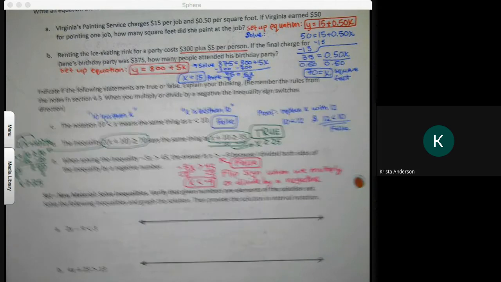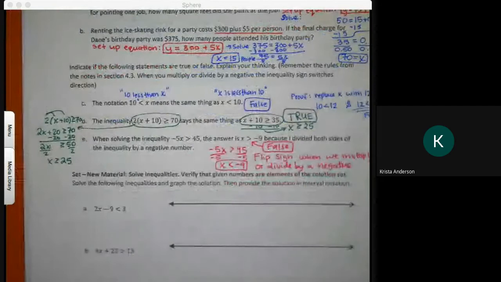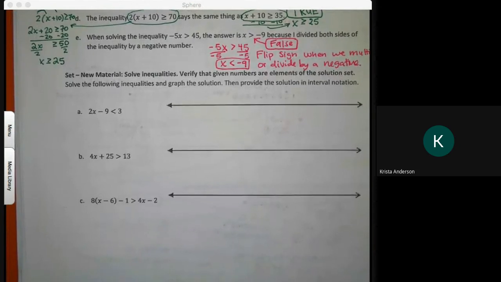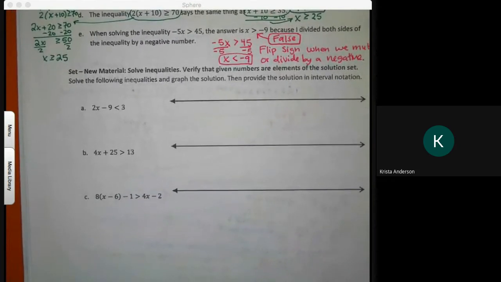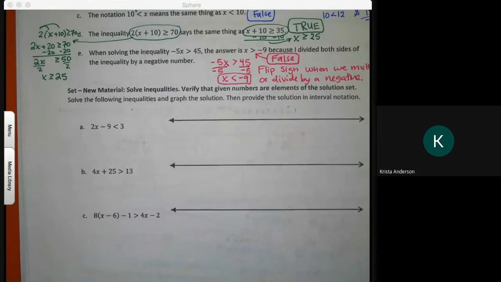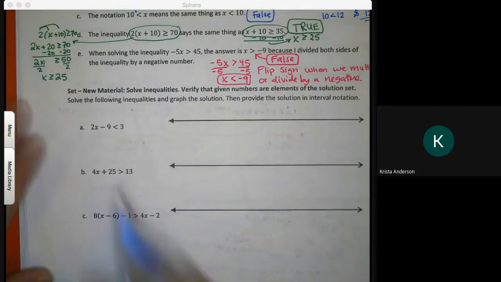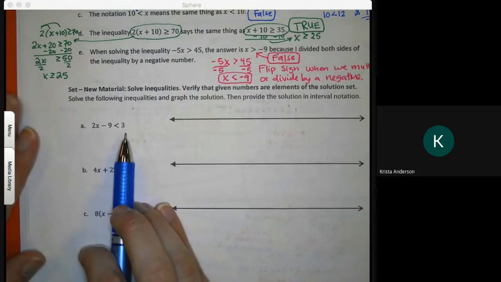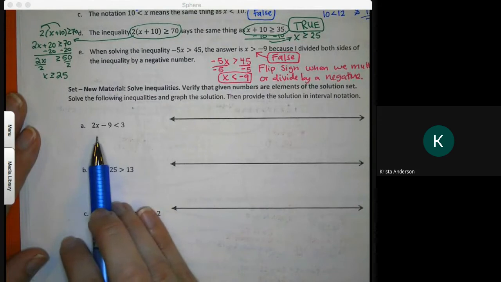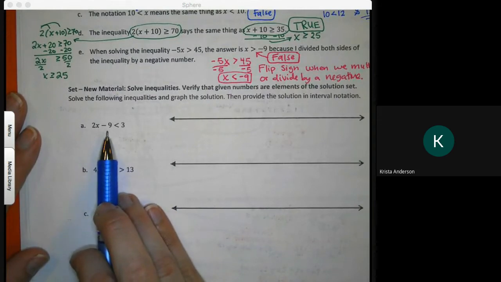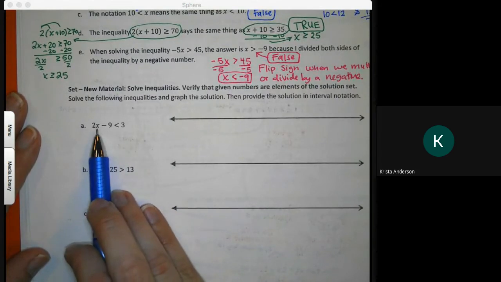All right, let's go on to our new material, solving inequalities. Remember, the only time we flip our inequality sign is when we multiply or divide by a negative. For this inequality, I'm going to try and solve it. I have 2x minus 9. My goal is to get the x by itself.